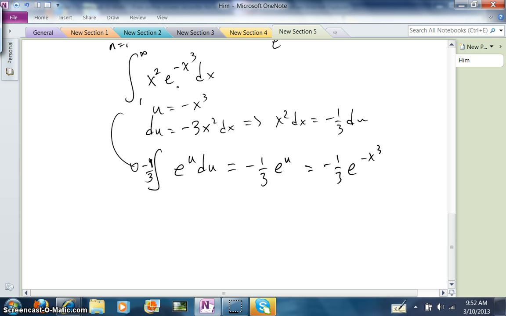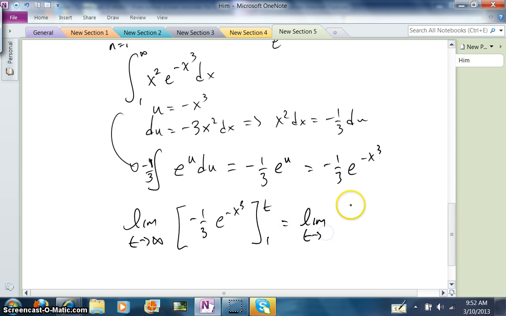Let's go back and do the limit as t goes to infinity of negative 1/3 e to the negative x cubed from 1 to t. That's the limit as t goes to infinity of negative 1/3 e to the negative t cubed minus negative 1/3 e to the negative 1.